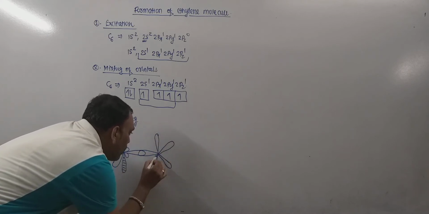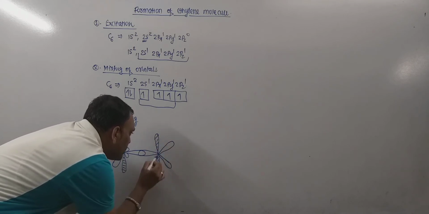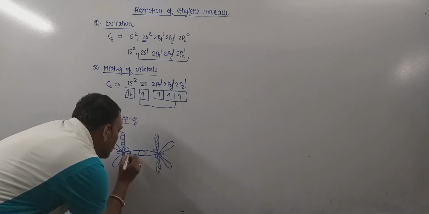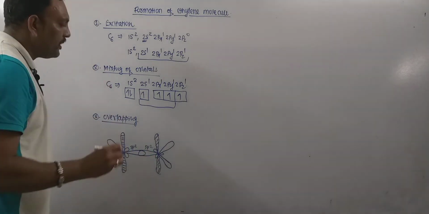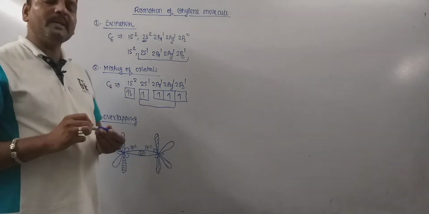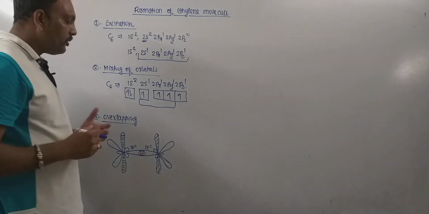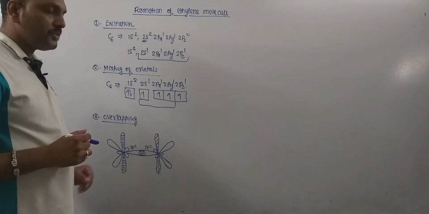This is for the another carbon, and this is the unhybridized 2pz orbital. These are the smaller lobes. This is sp2 of one carbon and this is sp2 hybrid of another carbon, and this overlap is sp2 overlap, and due to sp2 overlap, a sigma bond is formed in between two carbon atoms.